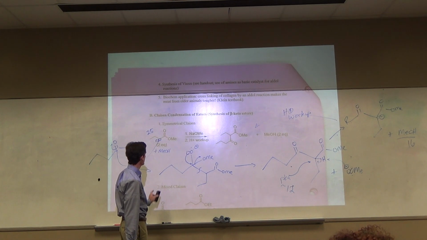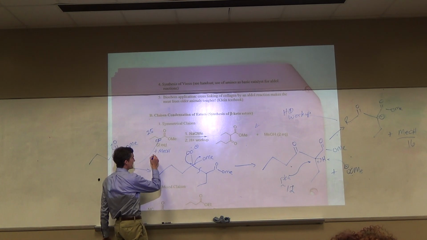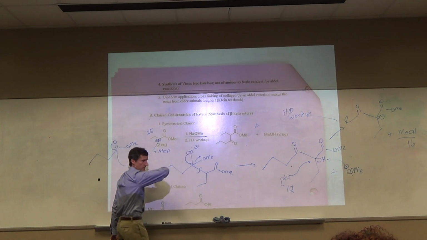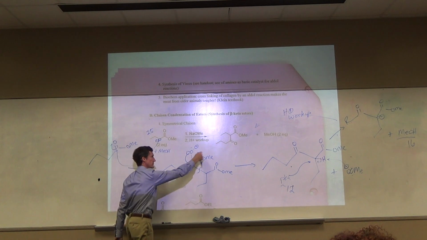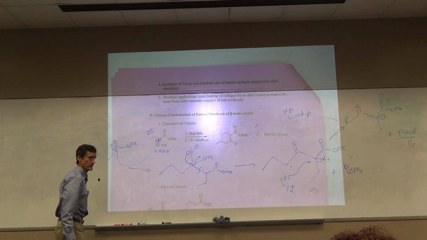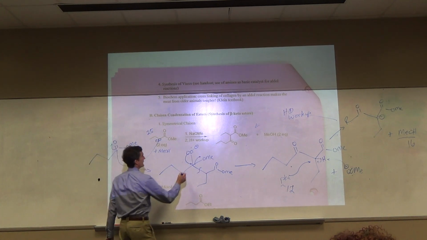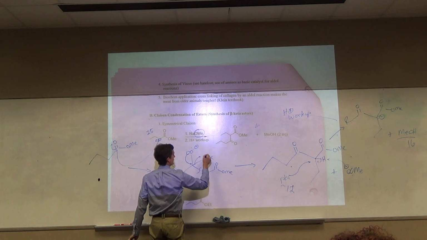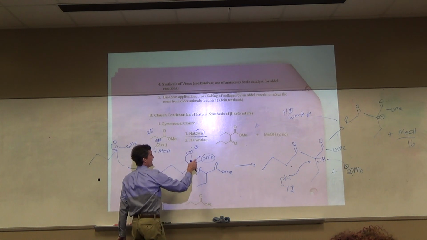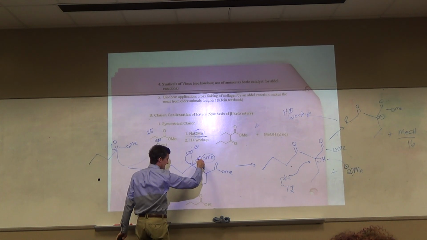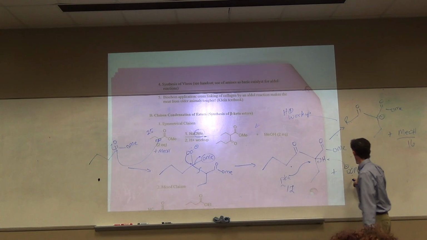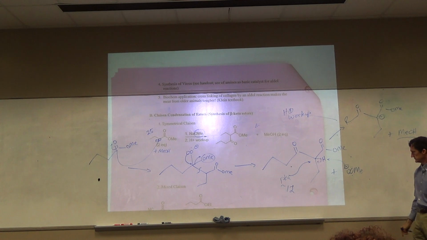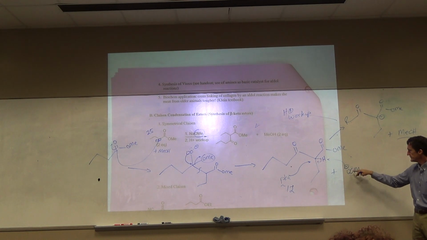It's one equivalent because one methanol came from this. The other methanol came from the leaving group being protonated. Because originally you have a methoxide here and here. That's methoxide. This gets kicked off as methoxide. So this was the leaving group here.